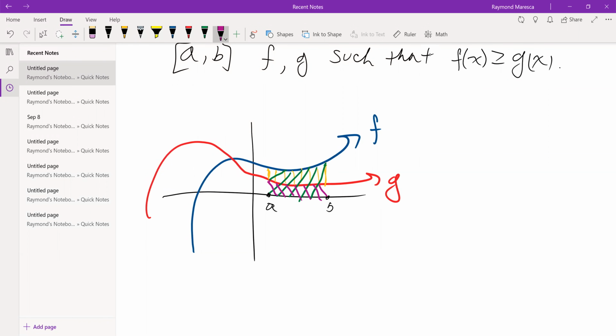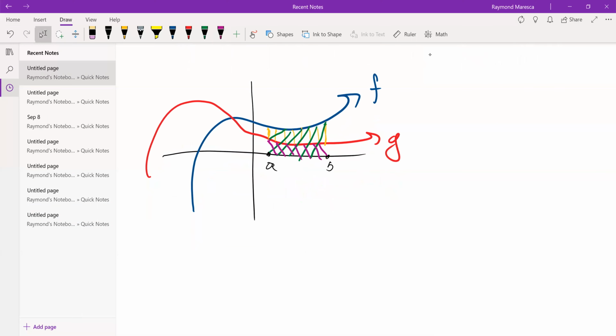So it seems that the yellow area is equal to the green minus the blue. So green minus blue, minus purple, I'm sorry. I get confused with my colors.